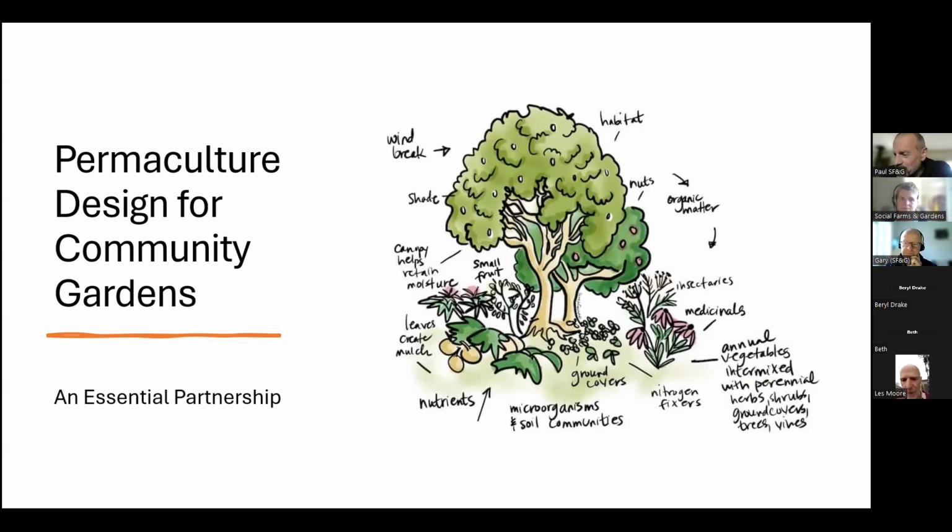So maximizing beneficial relationships is central to the way we grow, the way we garden, but also to how good community and good community gardens run, as well as they might. And the other thing to notice about a diagram like this is relative location. And I think another Mollison-ism is that relative location is sometimes enough.